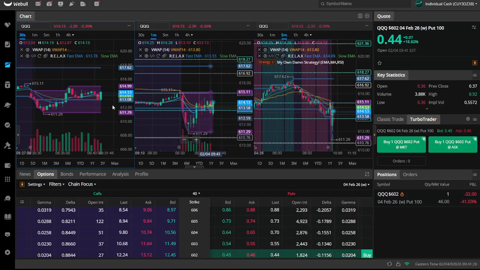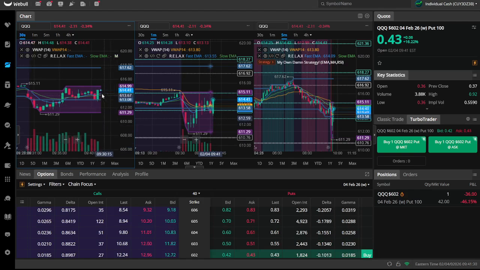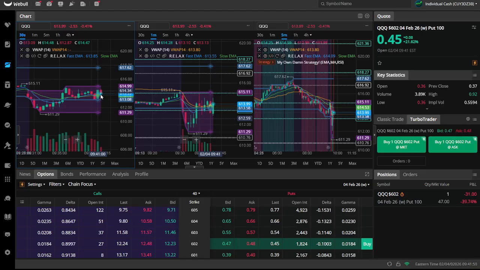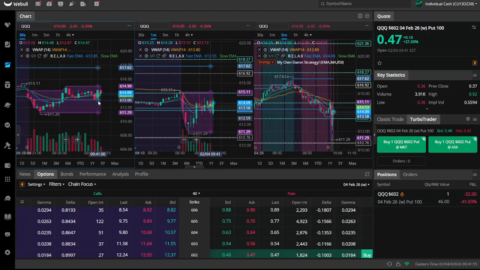It's at the middle of the opening range. If the momentum stays, it probably will break up out of it. We are down below the halfway point of the pre-market range.